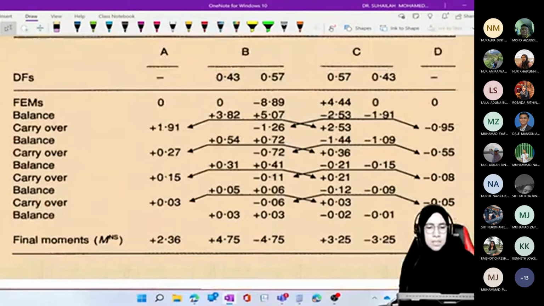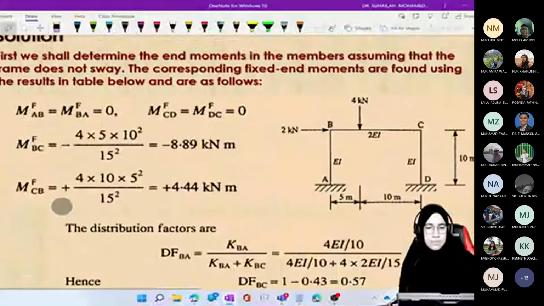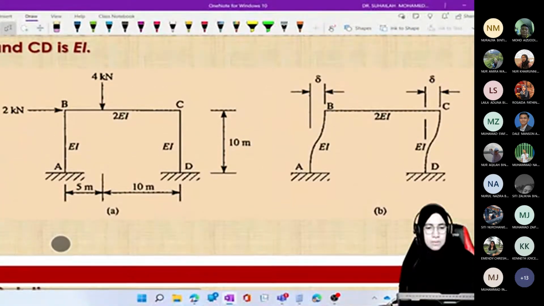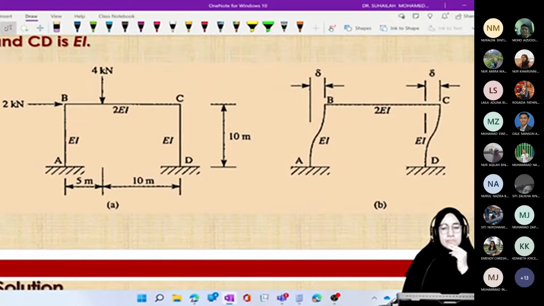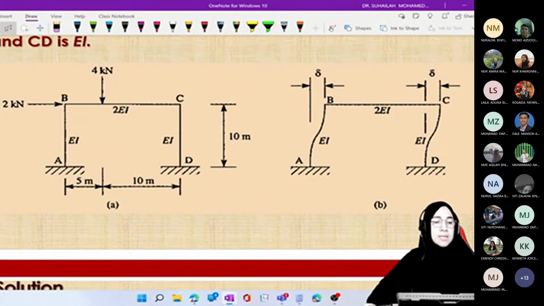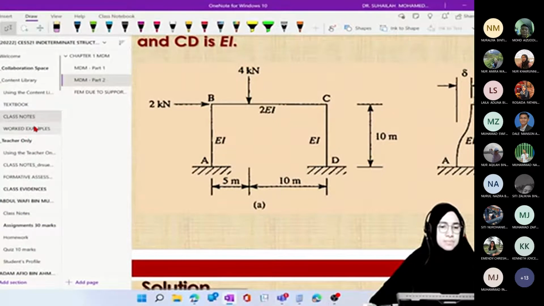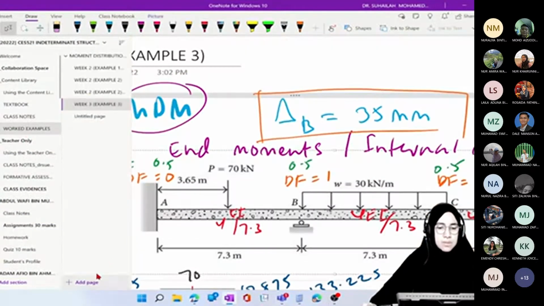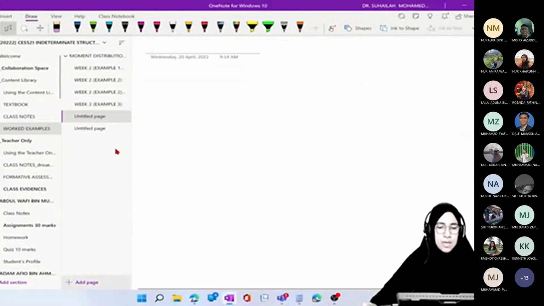One question. Yang ni pun quite straightforward. Tak nak. Kita create yang baru ya. Kita create yang baru. So yang ni saya add week.